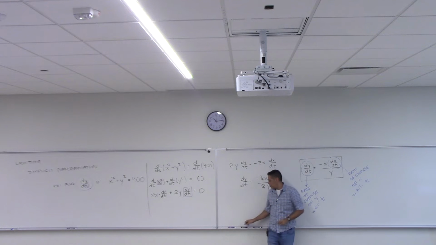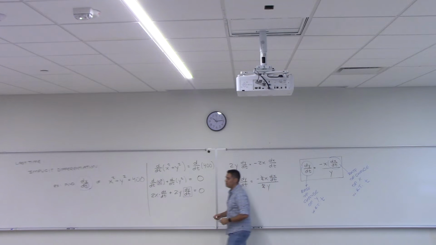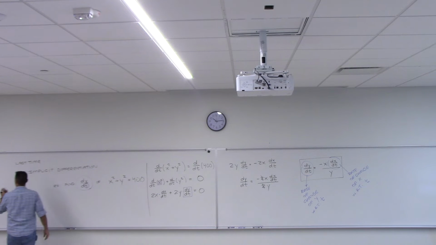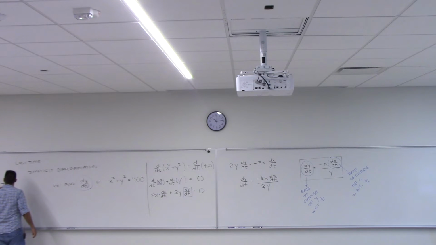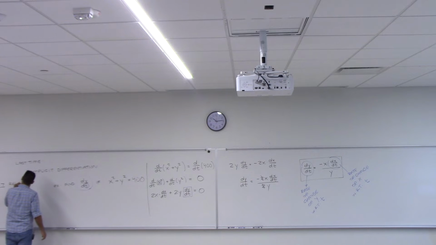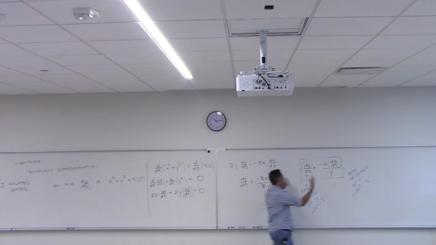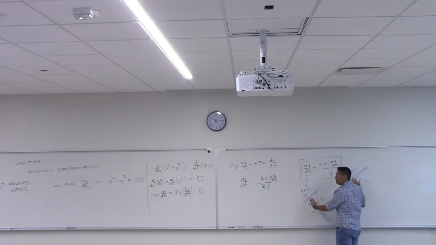That's what this next section is called. This next section that we're about to start, 2.7, is called related rates. And it's exactly what I'm just trying to explain to you. We have created a relationship between two rates of change within an equation.